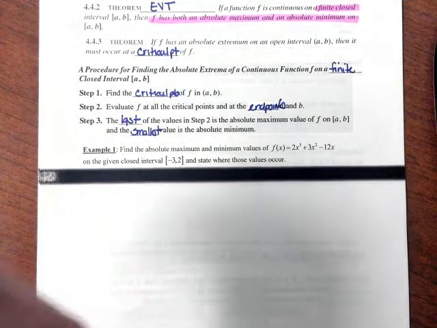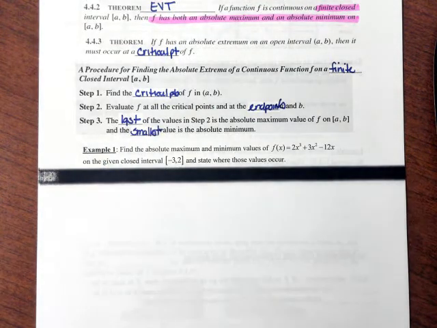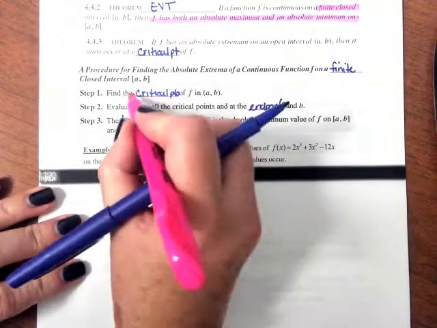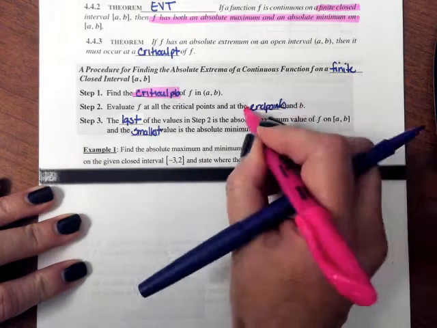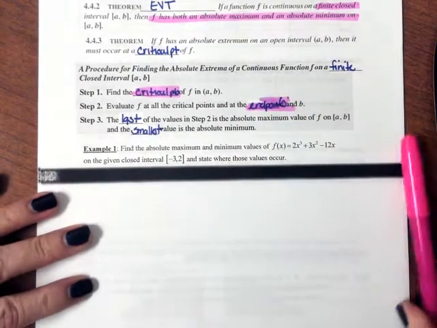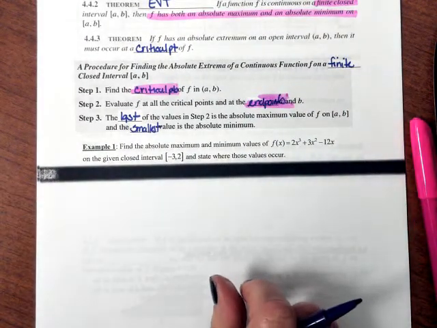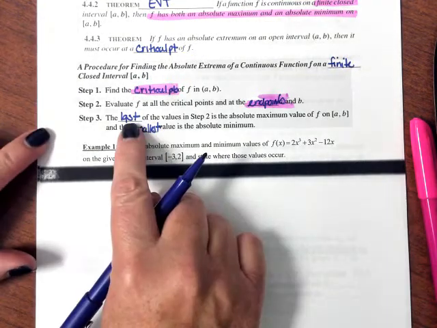So when you're looking at your closed interval and trying to find the absolute extrema, it can occur either at the critical points or at the endpoints of that closed interval. So those are the two places we have to check. Again, we're talking about when we have this closed interval.